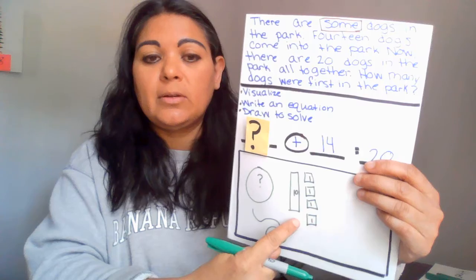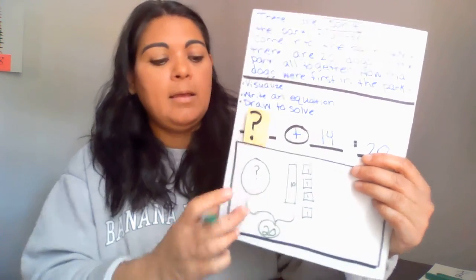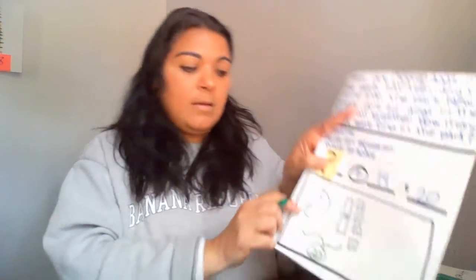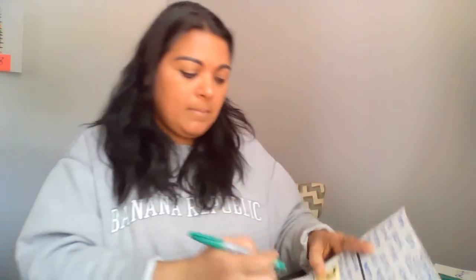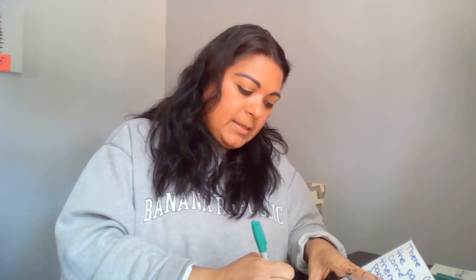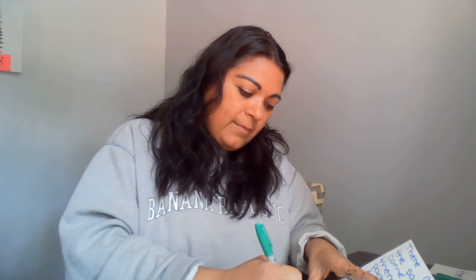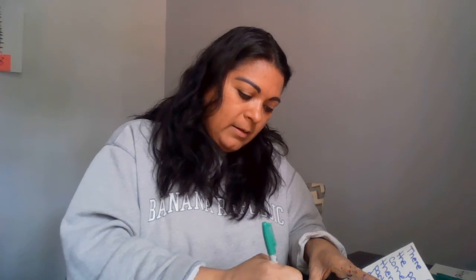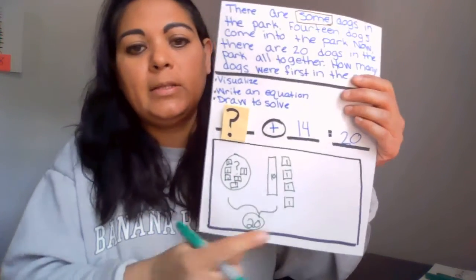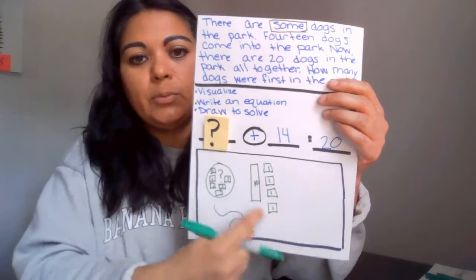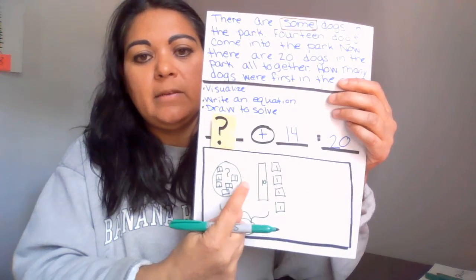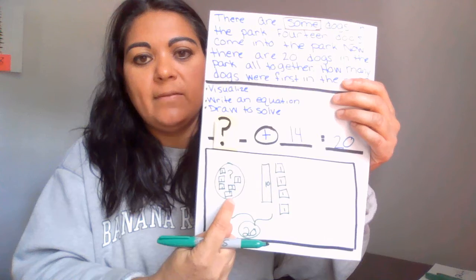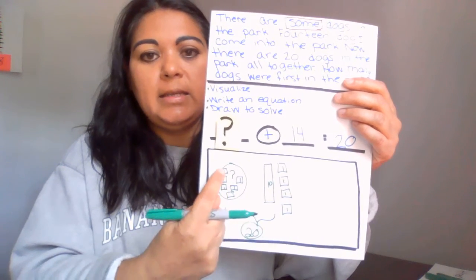So let's count up. Let's start at number 14. And I'm going to add 15, 16, 17, 18, 19, 20. Okay, so let me go ahead and start. We're going to count at 14. Ready? This group's 14. 14, 15, 16, 17, 18, 19, 20.